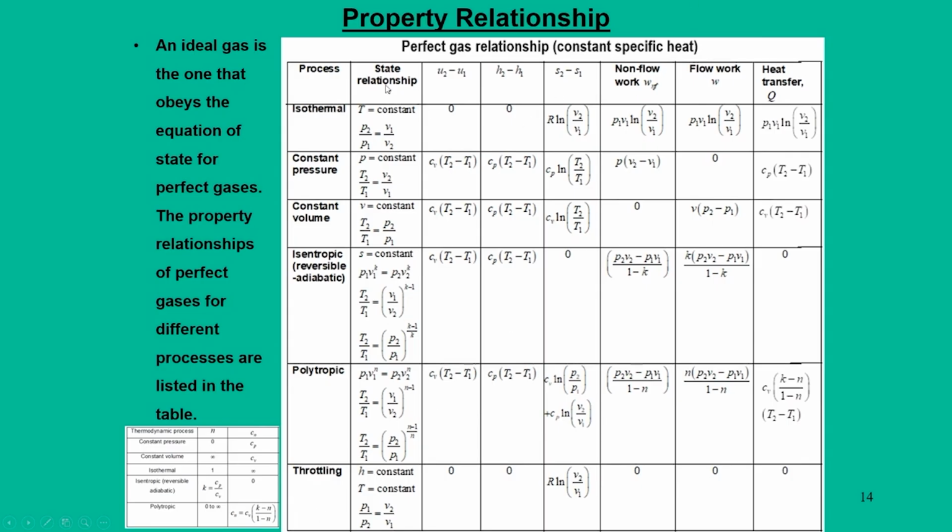Correspondingly, it shows their state relationships, that is, how pressure-volume relations are taken into account, and other properties like change of state in terms of internal energy, enthalpy, entropy, non-flow work, flow work, and heat transfer. The derivations are already in the basic level thermodynamics course, so we are not going deep into this.